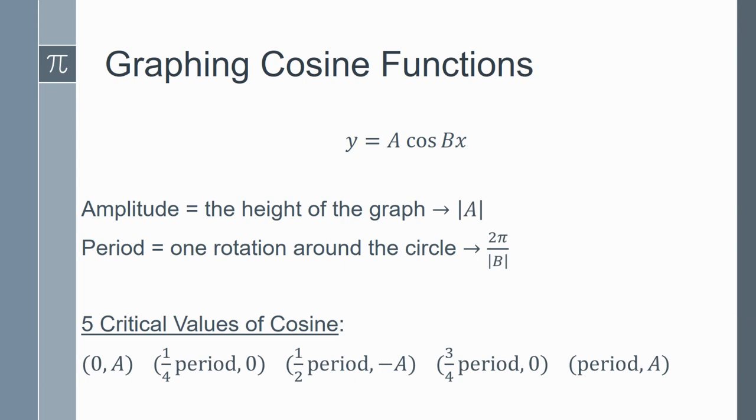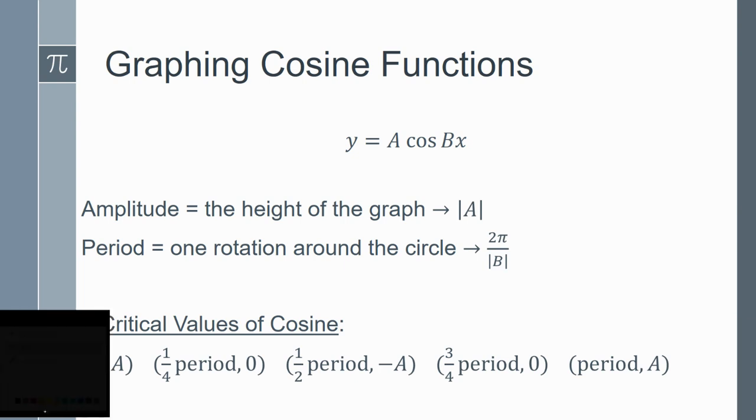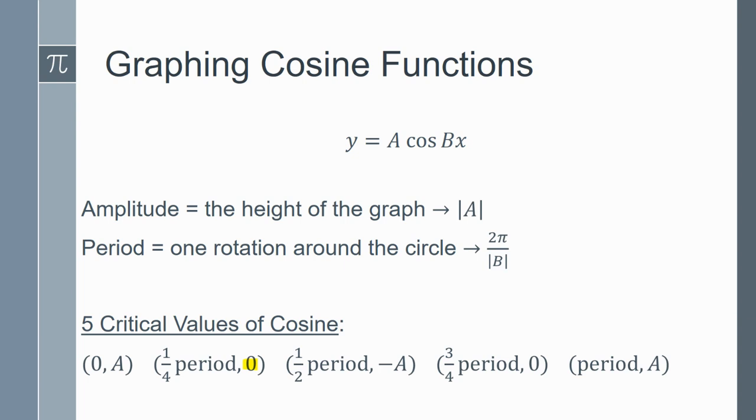I still want to break my period up into quarters, so the rest of the starting points of my ordered pairs are the same. It's a fourth of the period, half of the period, 3/4 of the period, and the full period. But this time my y values are different, because I'm only touching the x-axis 2 times, while with sine I was touching it 3.